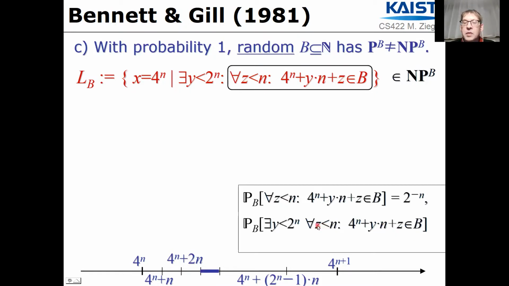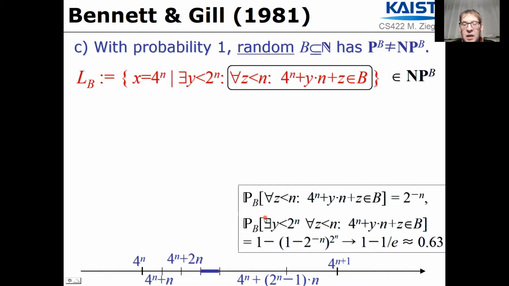And the probability for this is, of course, 1 minus 2 to the minus n. And now with the universal quantifier, we can harness independence, right? For every y, the rest of the condition is independent because it revolves around disjoint intervals. Whether some elements belong to the oracle or not here is independent of which elements belong to the set here. So long story short, this is the probability for this part to be false.